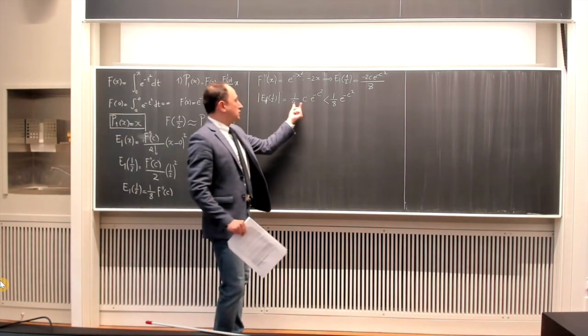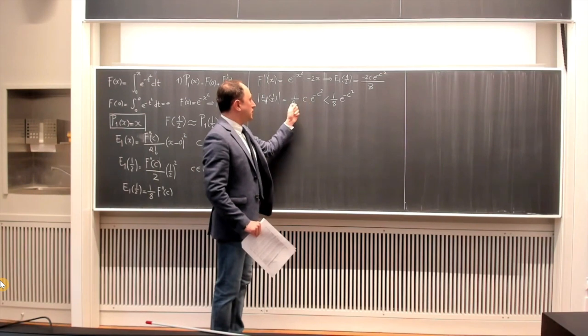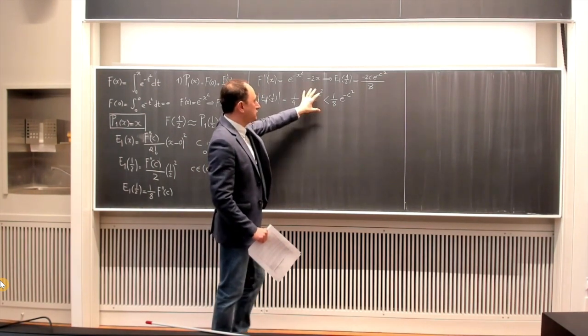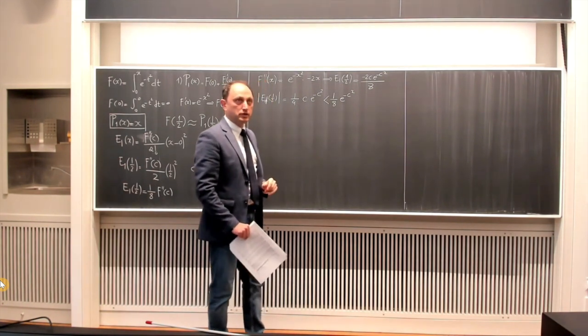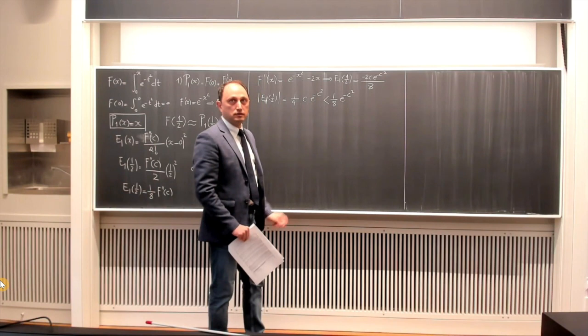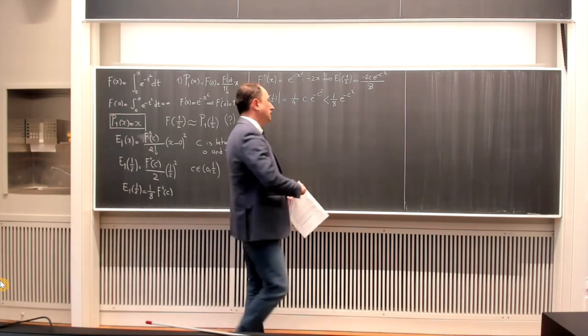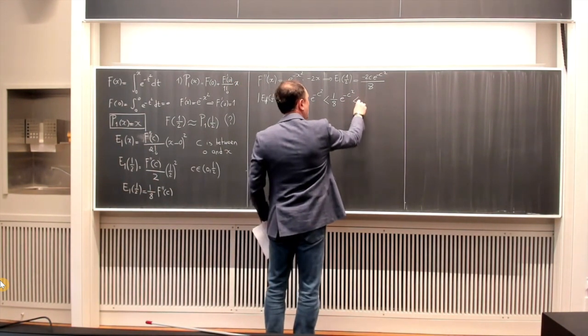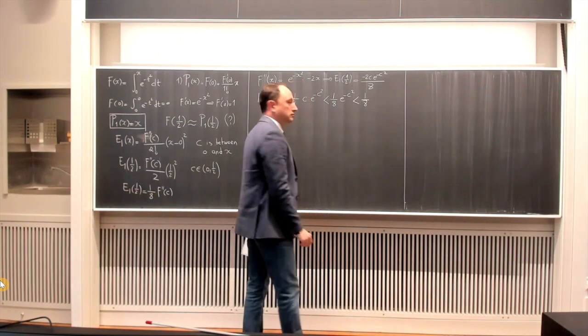So it means that instead of c, if I put 1/2, this becomes 1/8. But then this expression becomes smaller than that expression, yes? Because c does not reach 1/2. Is that clear?